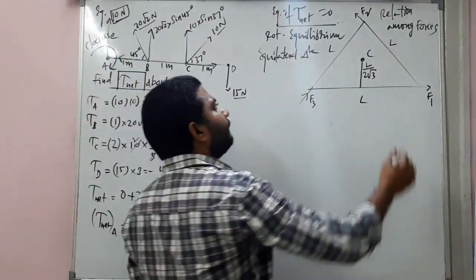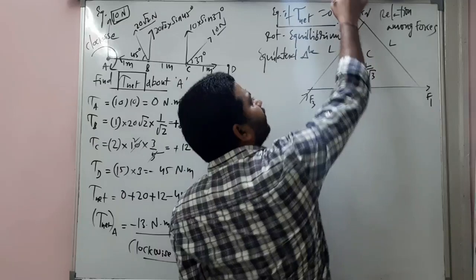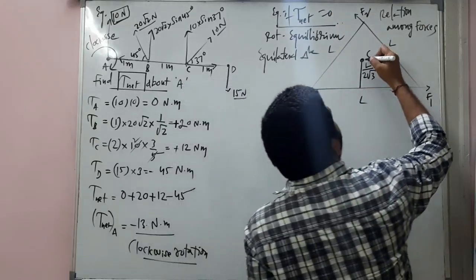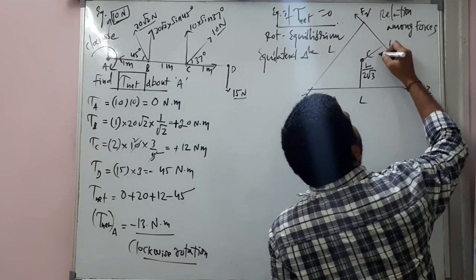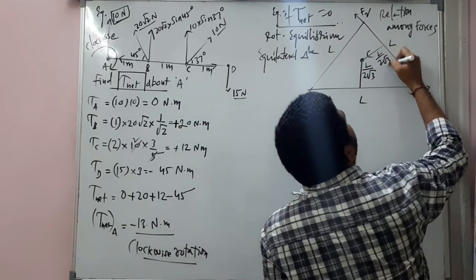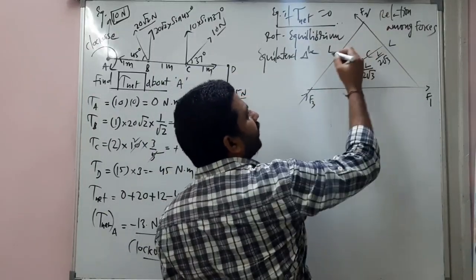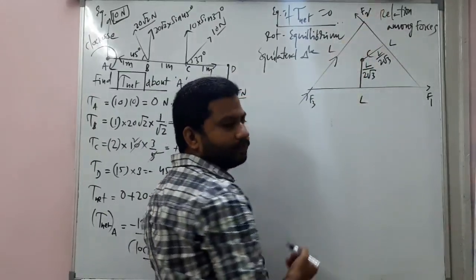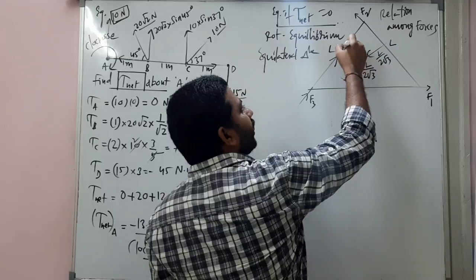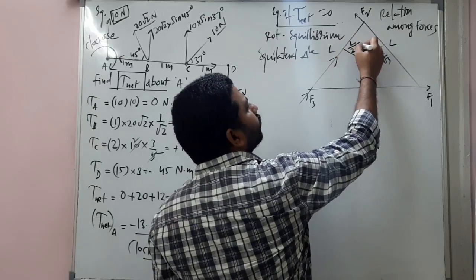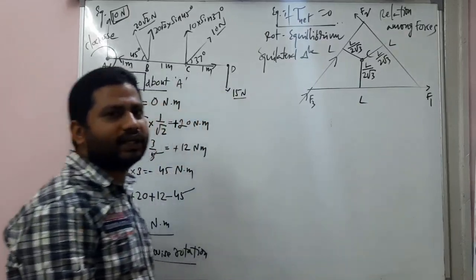In the same way, this is the force F2, from the centroid and axis of rotation there is a perpendicular distance, which is also L by 2 root 3. And this is the force F3. From the centroid there is a perpendicular distance which is also L by 2 root 3. Have a look at it.